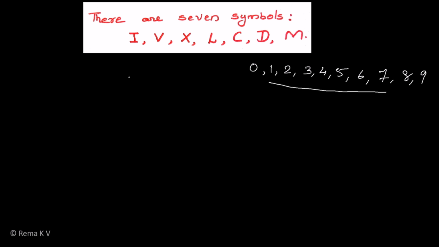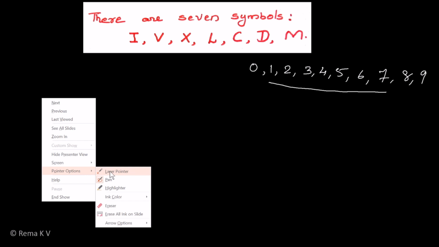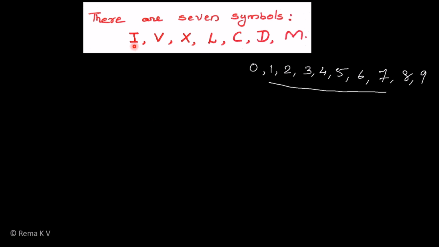But in Roman numerals, there are only 7 symbols. And they are, see the 7 symbols here: I, V, X, L, C, D and M. These are the 7 symbols used in Roman numerals.